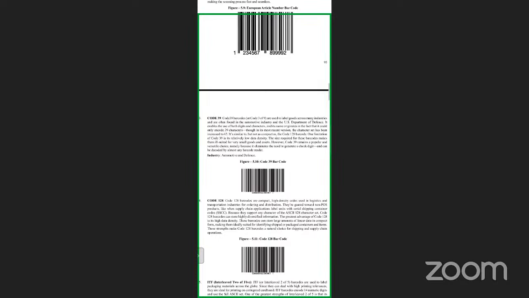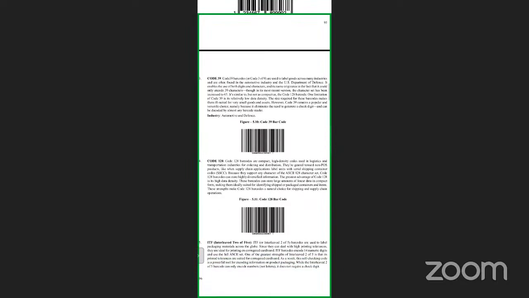Its name originates in the fact that it could only code 39 characters. That is why it is called Code 3 of 9. One limitation of Code 39 is relatively low data density. However, Code 39 remains a popular and versatile choice.